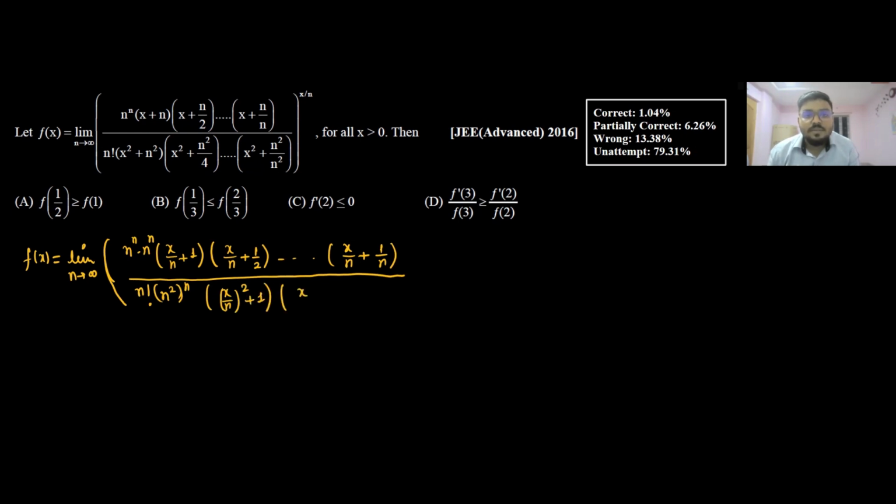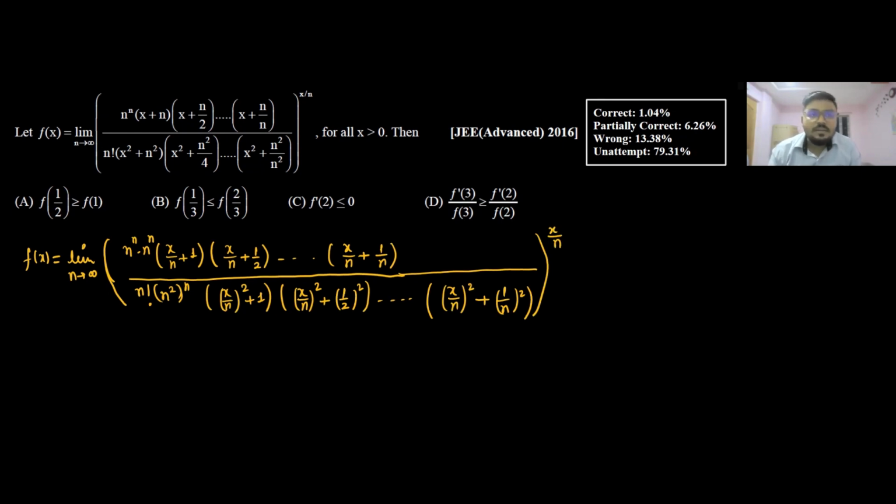In the second bracket we have x by n square plus 1 by 2 square, since 1 by 4 I can write as the square of 1 by 2. Like that it will continue till x by n whole square plus 1 by n square, and the whole is raised to the power x by n.